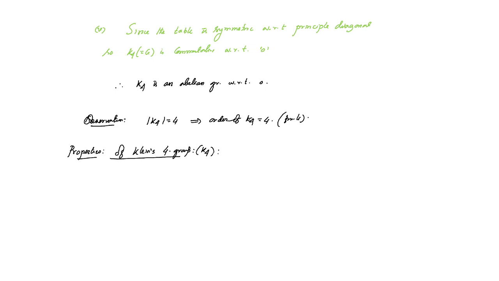Property 1: all non-identity elements of K4, Klein's 4 group, have order 2.